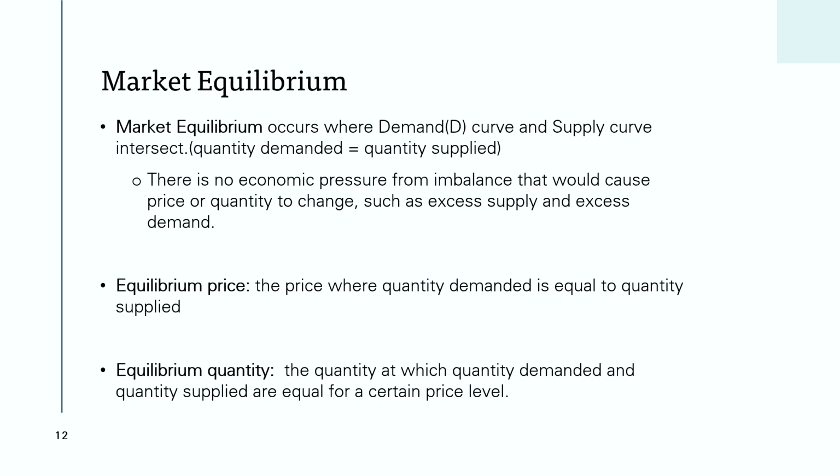The equilibrium price is the market clearing price, and the equilibrium quantity is the amount exchanged at that price. Any movement away from equilibrium creates economic pressure that pushes the market back toward equilibrium.